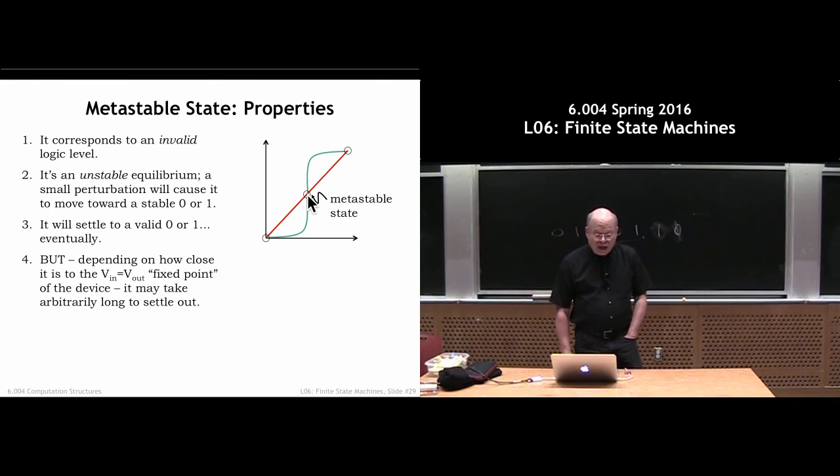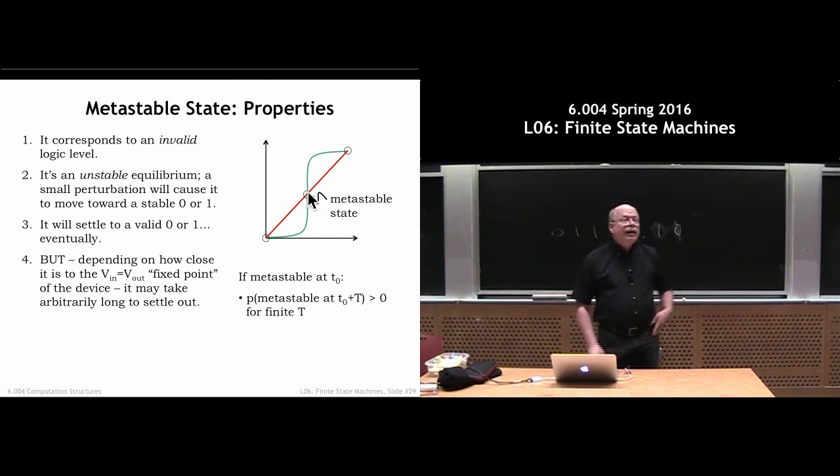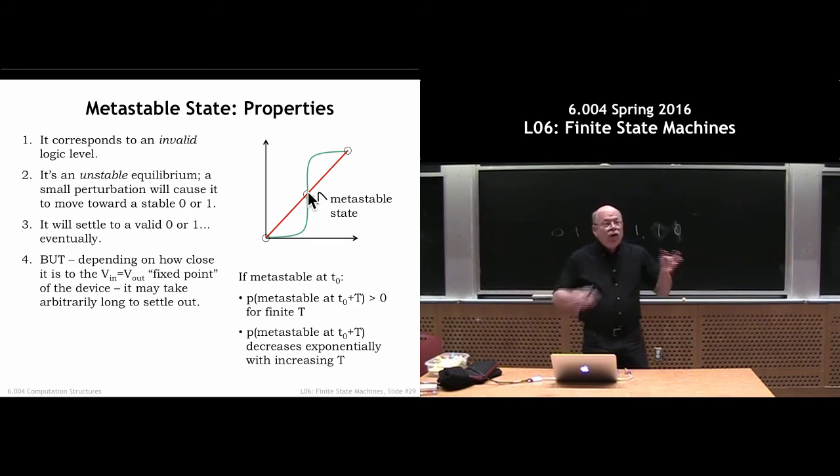It will eventually settle, but we can't put a bound on how long it will take. If it's metastable at a particular time, the probability that it will still be metastable some bounded time later is non-zero. In other words, we can never guarantee it. However, the longer we wait, the probability goes down exponentially that it's still metastable.